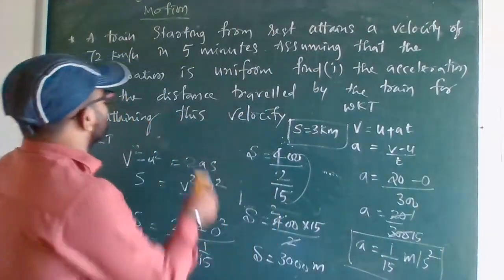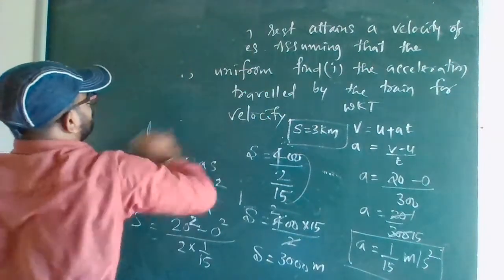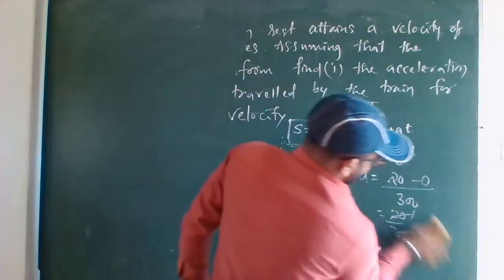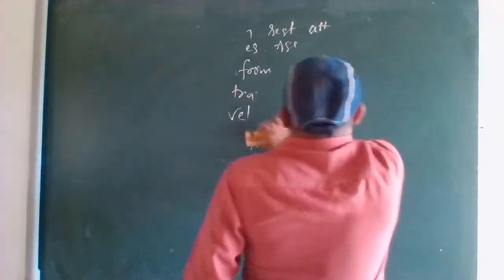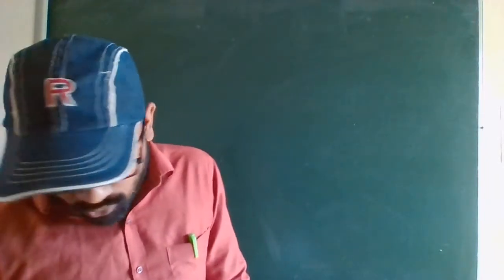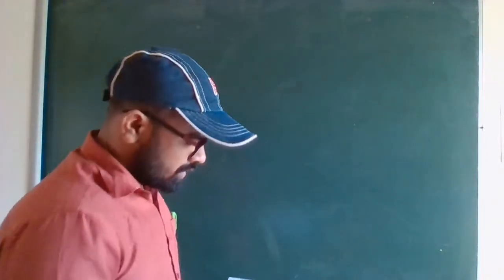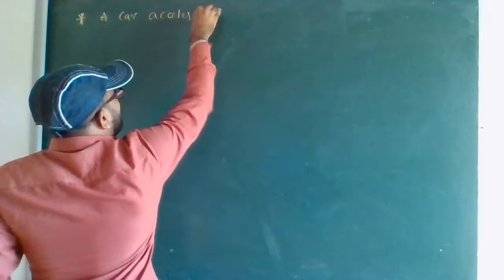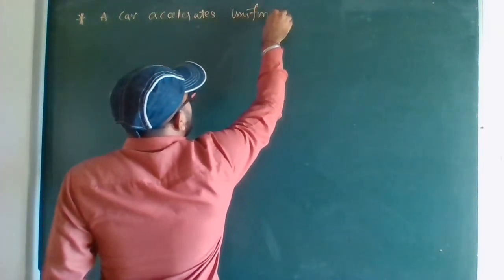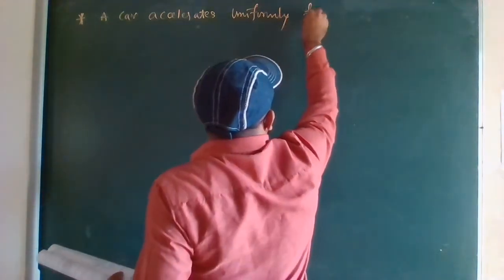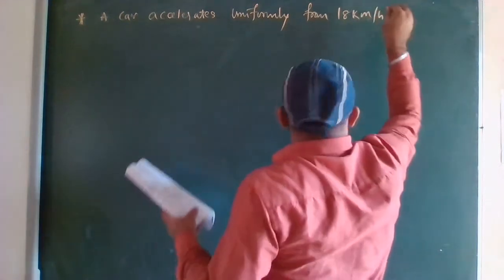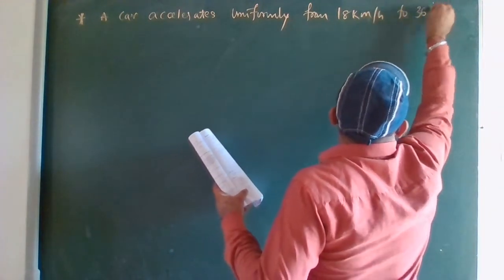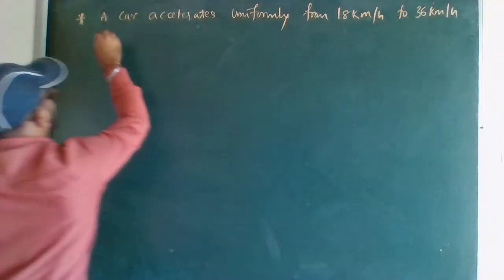Now I will move to example 8.6. A car accelerates uniformly from 18 km per hour to 36 km per hour in 5 seconds.